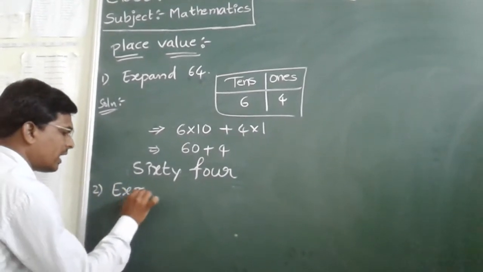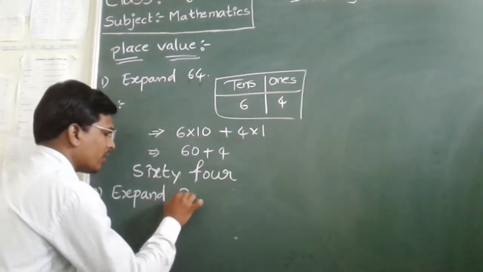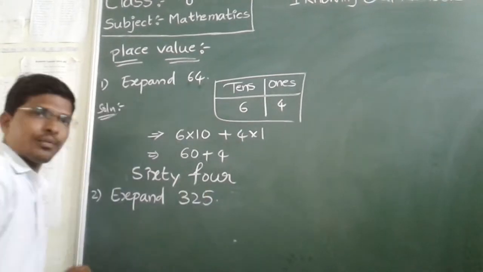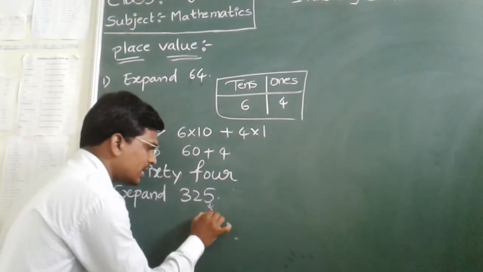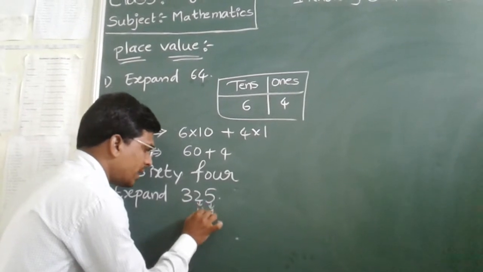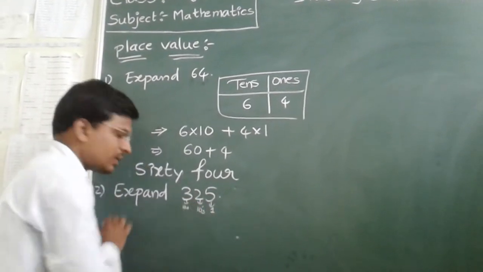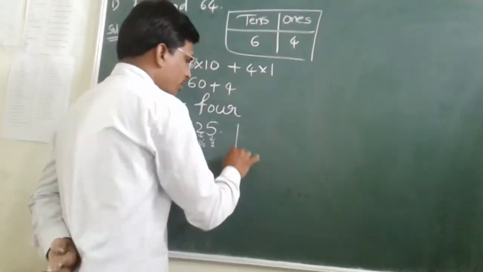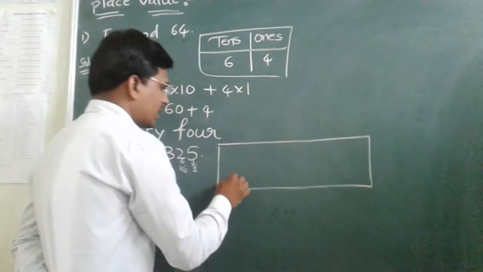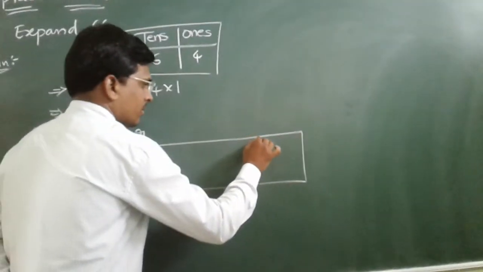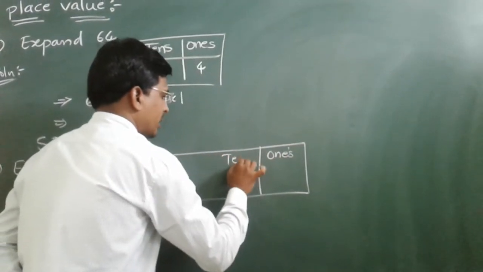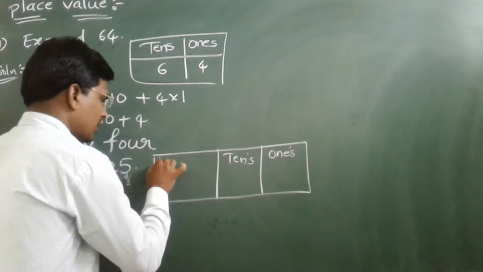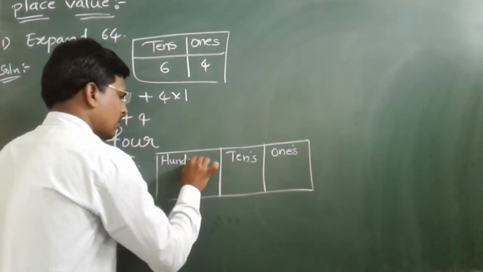Let's see one more problem. Expand 325. In this, 5 is in ones place, 2 is in tens place and 3 is in hundreds position. Make a box here for better understanding: ones place, next tens place, next hundreds place.